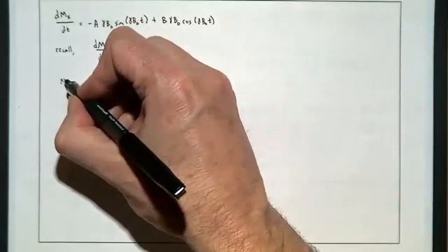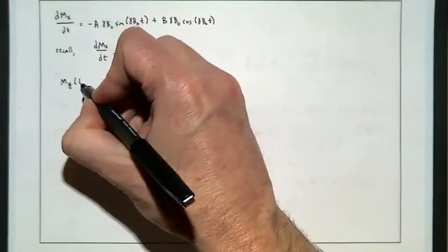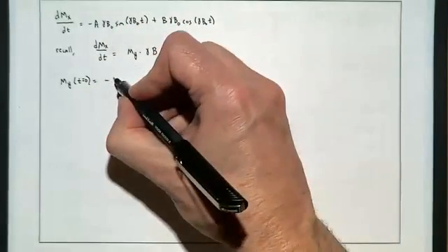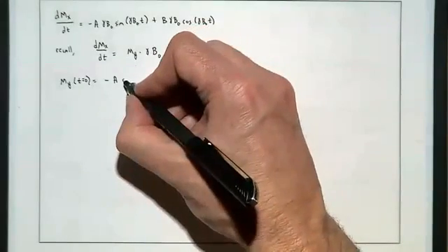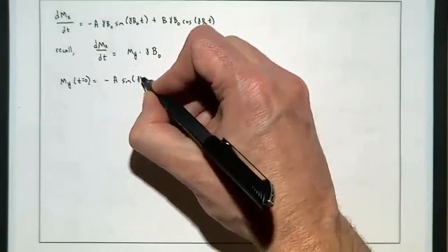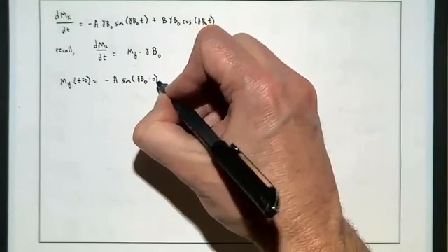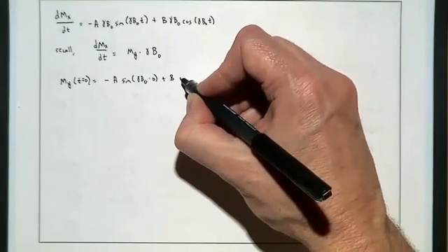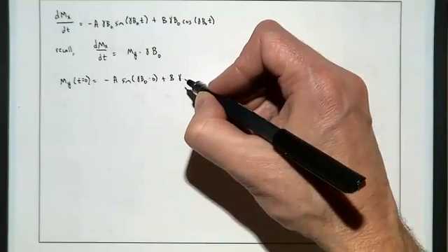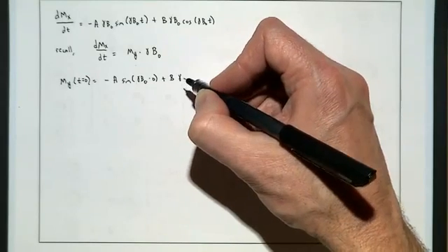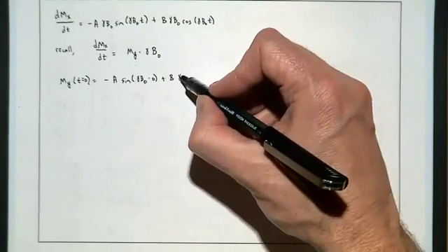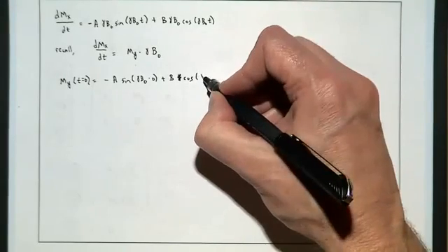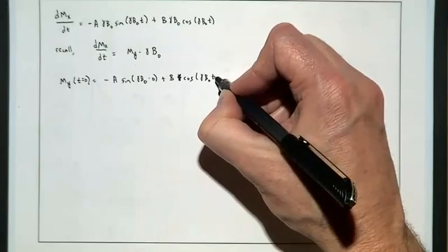We can say my specifically at time t equals 0 is just equal to minus A sine(gamma B0 times 0) plus B cosine(gamma B0 times 0). Oh yeah, the gamma B0s drop out, the leading ones do.